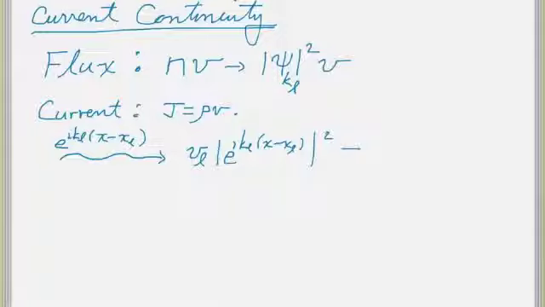So that's just v_L, not worrying about the units, because we're going to take a ratio at the end of the day. Okay, so that's the incident flux, due to that incident plane wave.